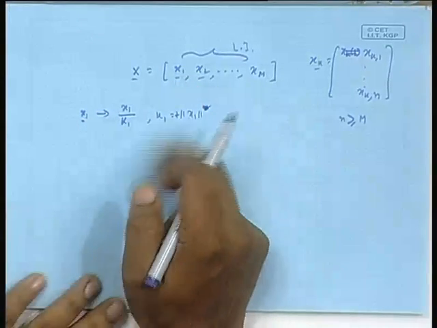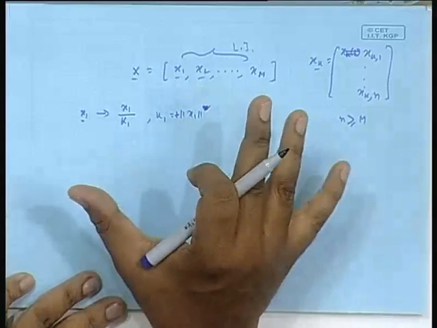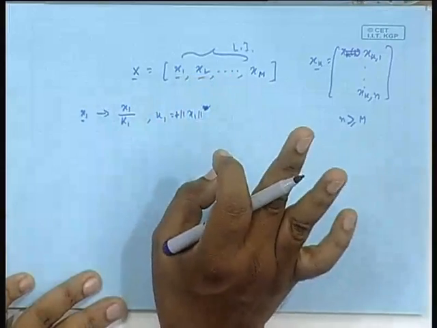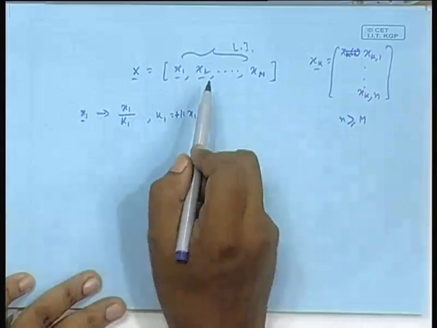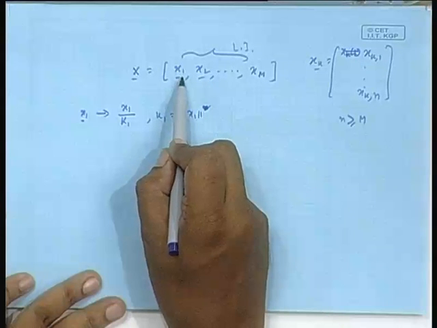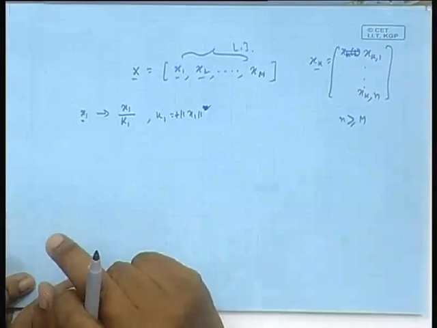Then for x 2, I have to generate a set of orthogonal basis vectors out of this. We all are familiar with Gram-Schmidt. What will I do here? Take x 2, project it on this, take the error, and then divide by the norm of the error to make it unit norm.